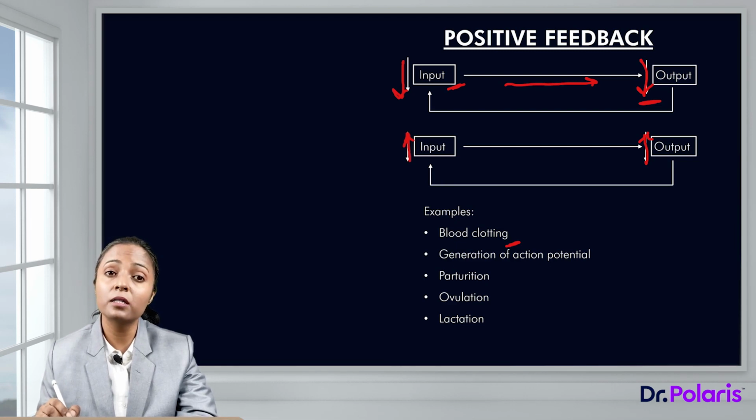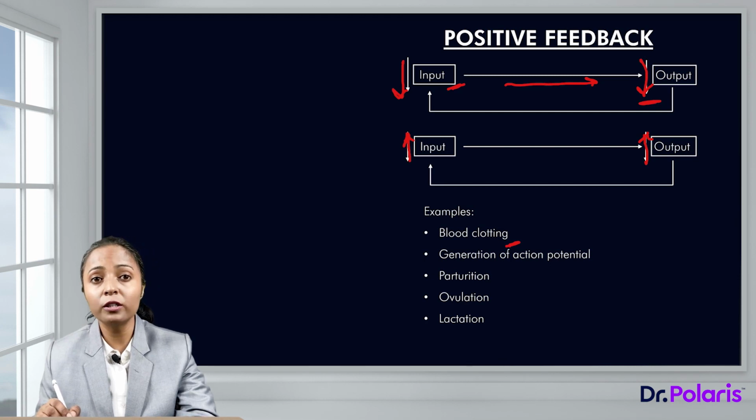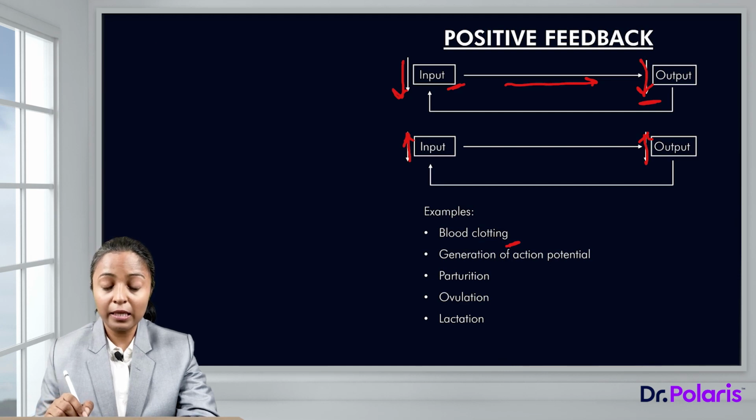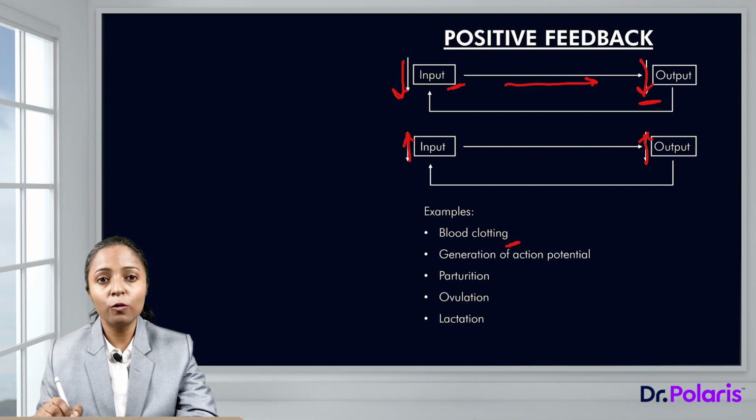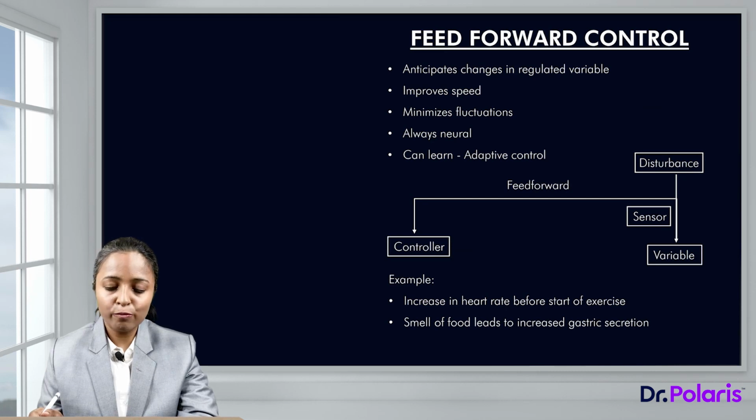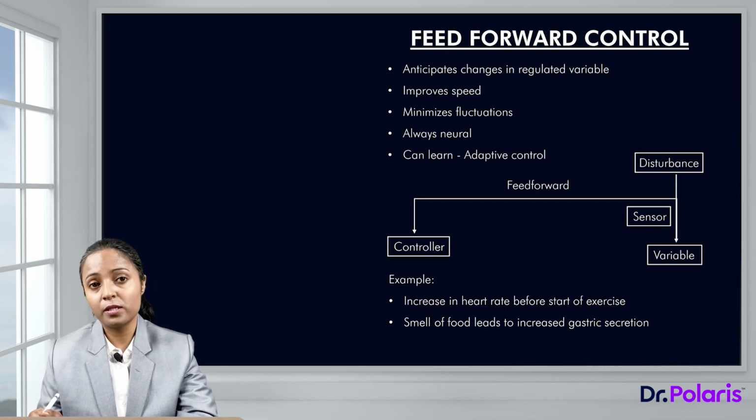That means the blood is in a fluid state and we want it to become solid very fast, isn't it? So we want the system to go in a different direction altogether, and that too very fast. So in those cases, positive feedback works. However, it should also stop after some time, otherwise it will be really disastrous. Anyway, finally let's come to the other control system, that is the feed forward control system.